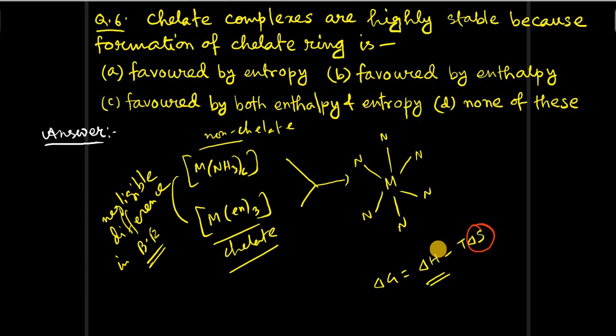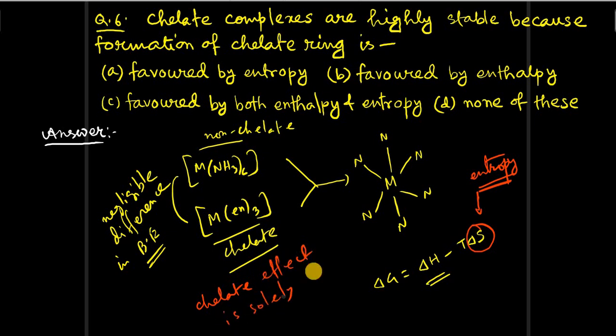That means the chelate effect, that we say chelate complexes are highly stable compared to non-chelate, the reason behind this high stability is entropy, not enthalpy. So the chelate effect is solely guided by entropy but not enthalpy.